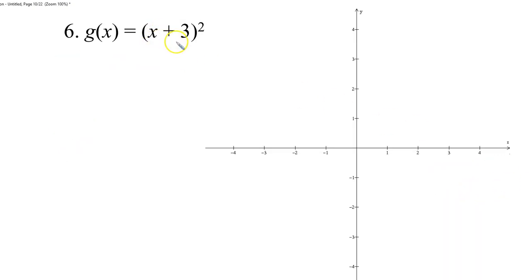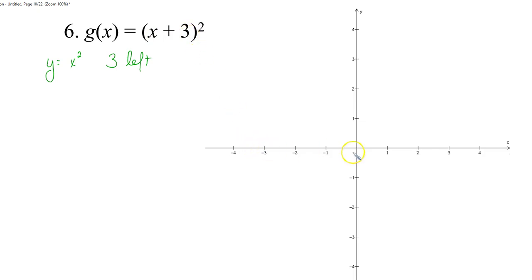Let's look at x plus 3 squared. Again, I've got my quadratic function. y equals x squared is my basic toolbox function. This one is going to move 3 units, and because I'm adding, it's going to be to the left. Once again, if you set x plus 3 equal to 0, it would remind you that you're at -3.